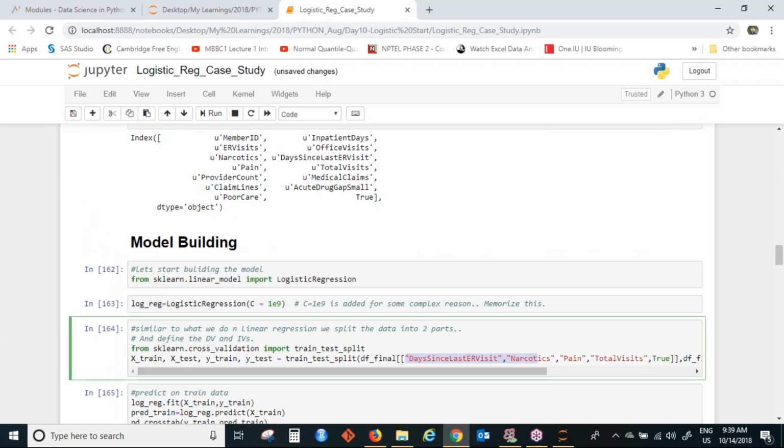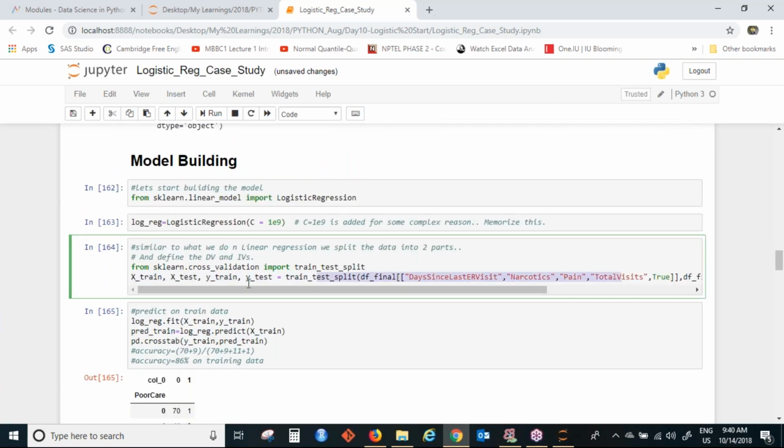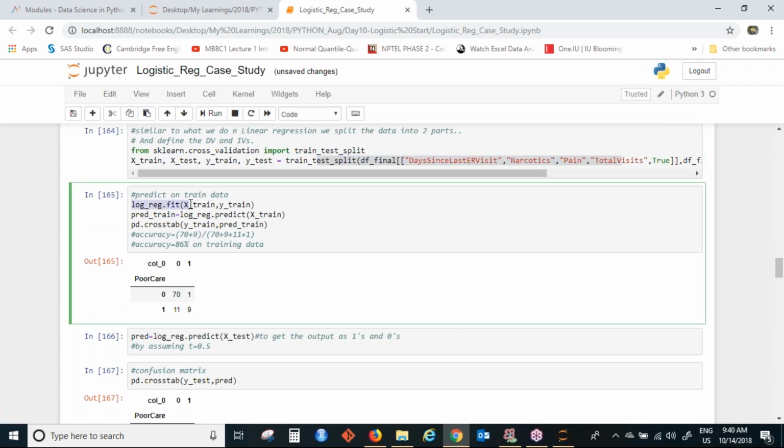Then you will split the data into train and test, and run as you had earlier. For logistic regression, you will fit the model by giving the independent variables of training data and the dependent variable of training data, and then you will predict. How will you predict? You will write the name of the model dot predict, same way as you did for linear regression.